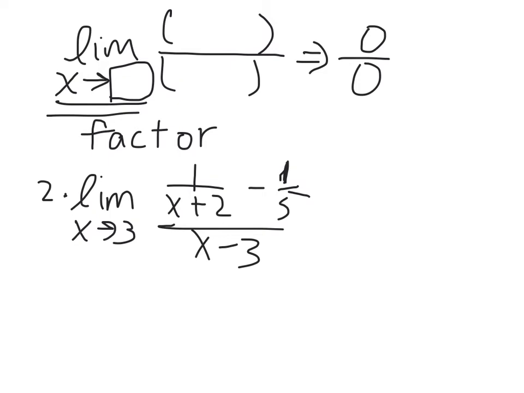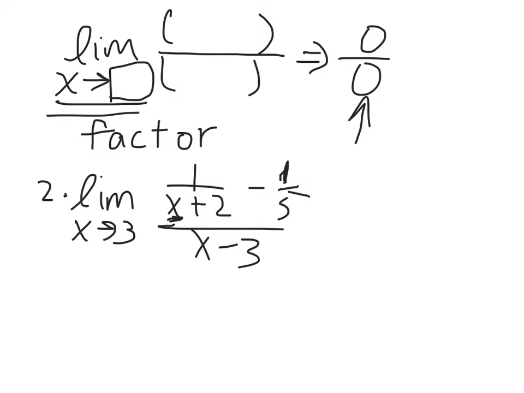Now, if we plug this in, plug in 3 for x, well, we'd get 1/5 minus 1/5 in the numerator. We get 3 minus 3 in the denominator. Again, the 0 over 0. So, good indication you got more work to do.